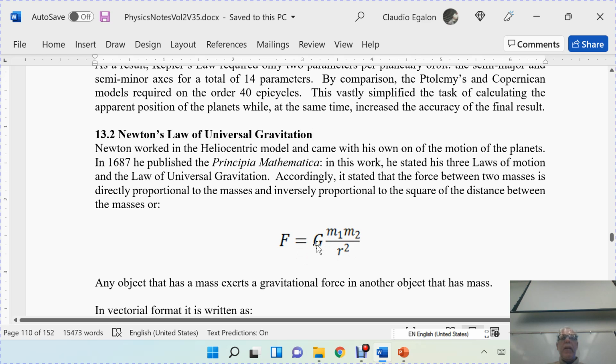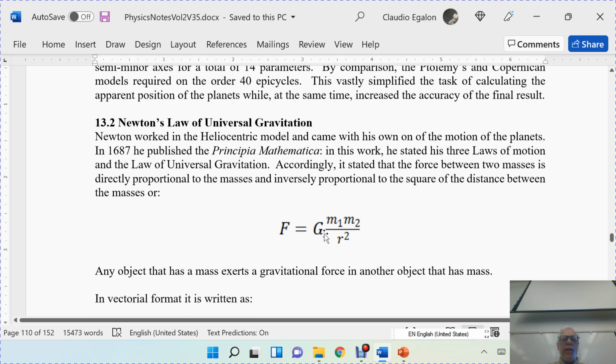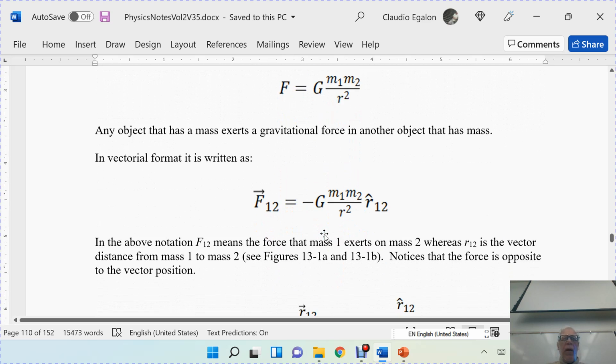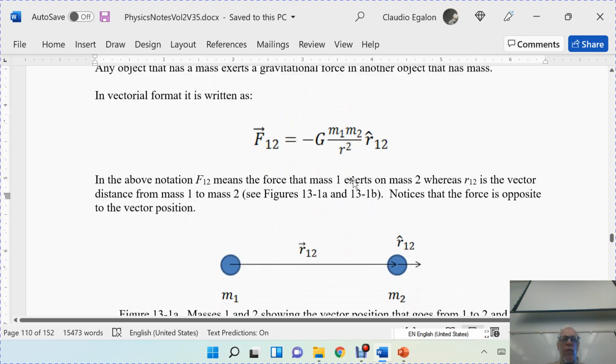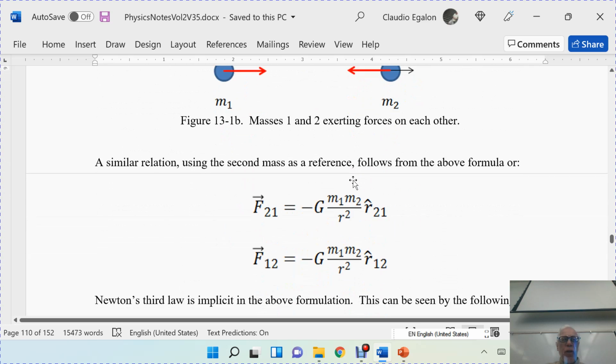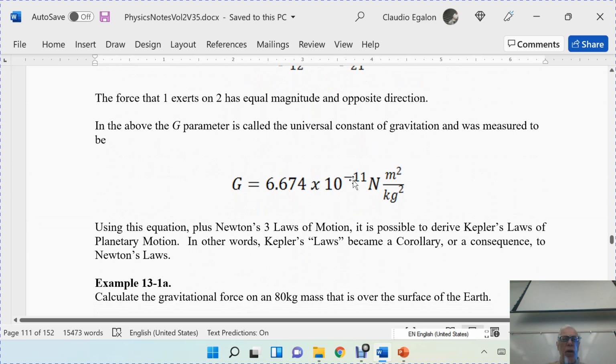What you see right in here is a universal constant whose value we know. That's just the vectorial format. Big G, that's the value of big G. It's a very small value, 10 to the minus 11.